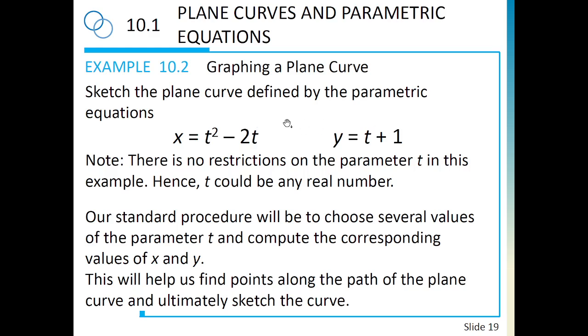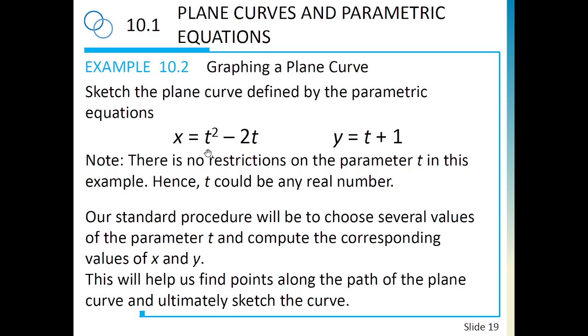Another example. Again, we here could produce a table and then draw the curve, but we can also maybe eliminate the parameter. So now what we see is we have a curve defined by two parametric equations. So this equation gives locations in x and this in y. For a specific value of time, let's say t equals 0, I'll have x 0 and y 1.